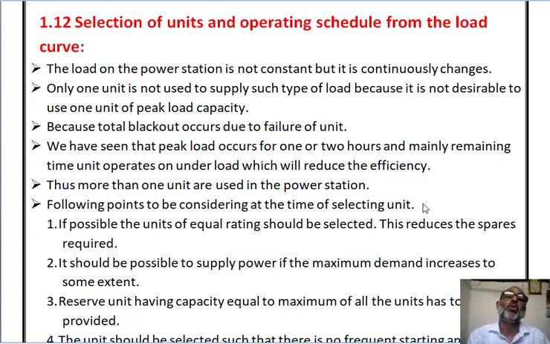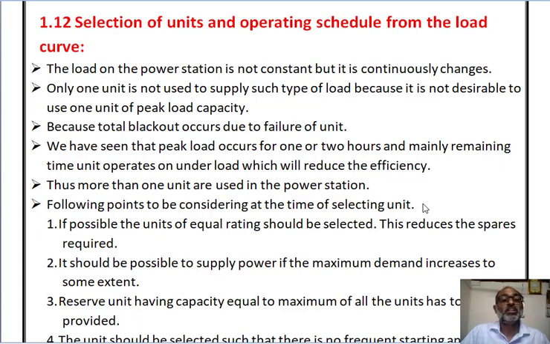So if we are using only one unit to supply the load in the power system, then due to any reason, it may be failure or some maintenance is required, at that time a total breakdown occurs. And we have already seen in the load curve that the peak load occurs for only 1 or 2 hours in a day, and the remaining time units operate on underload condition, which will reduce the efficiency of the power plant.